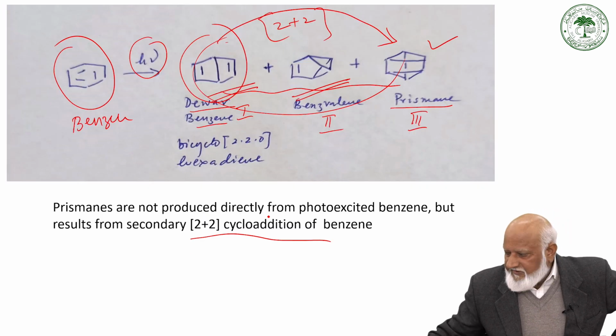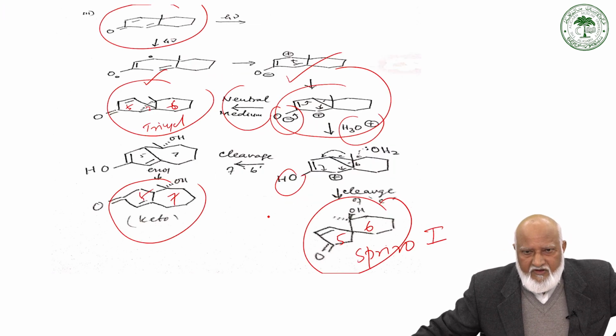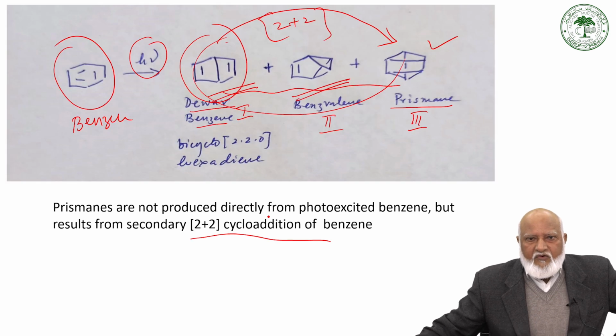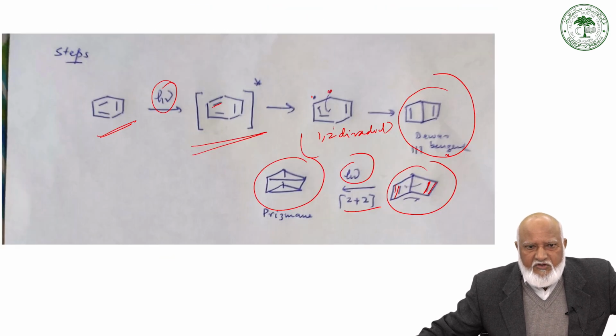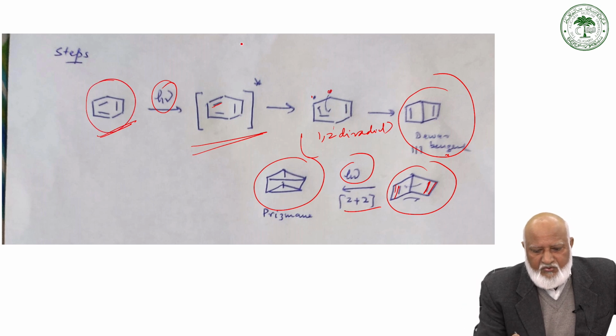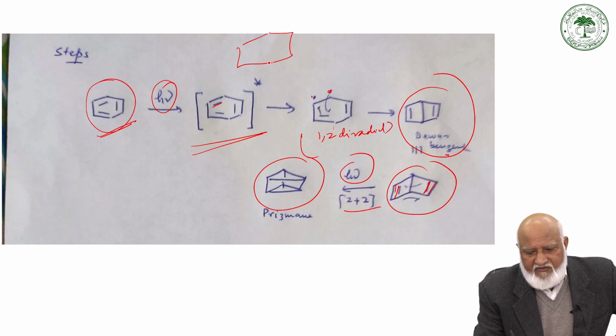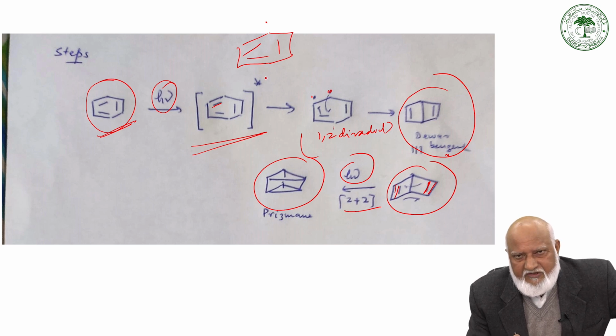Okay, so with this we will continue on the photochemistry of benzene by looking into the different substituted benzenes. What we have discussed so far is the unsubstituted photochemistry.